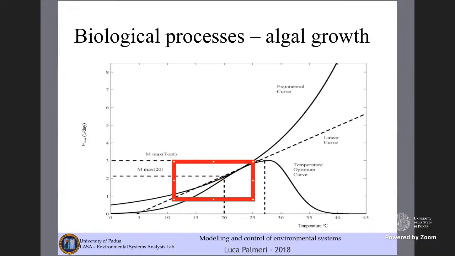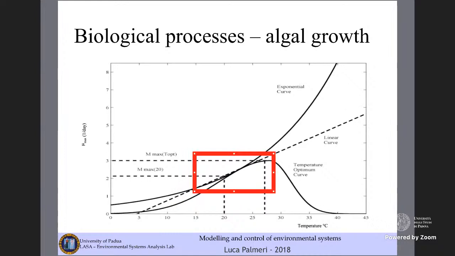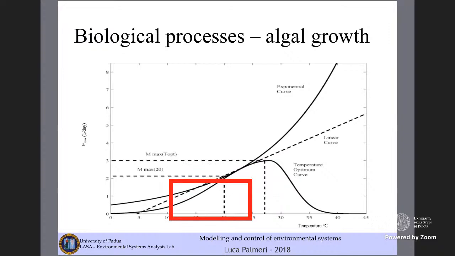So in the interval between, let's say, 20 degrees and 25 degrees, which is the reference temperature interval for biological processes to perform, the three functions are not very different. So the idea is that we shall employ a linear description or linear limitation function, sorry.